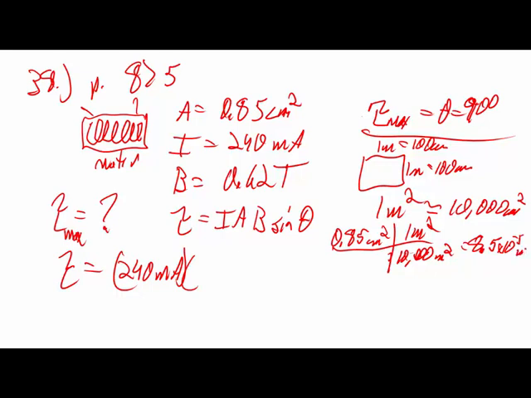Everybody get that? All right, that's what you should get. So we come in here and say 8.5 times 10 to the negative fifth, and then of course sine of 90 degrees, which is 1.